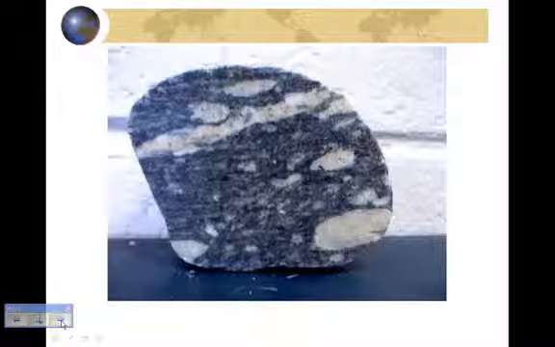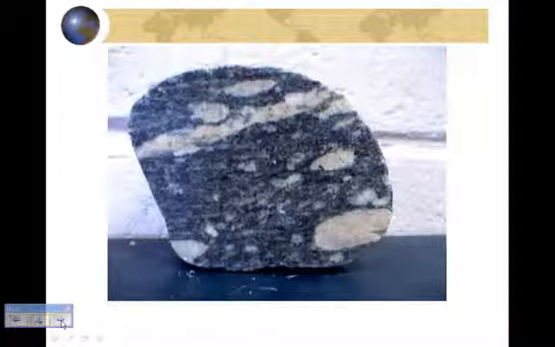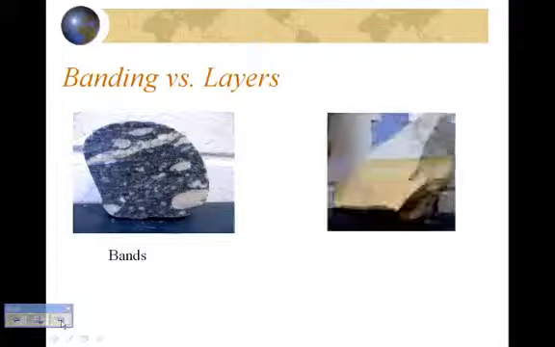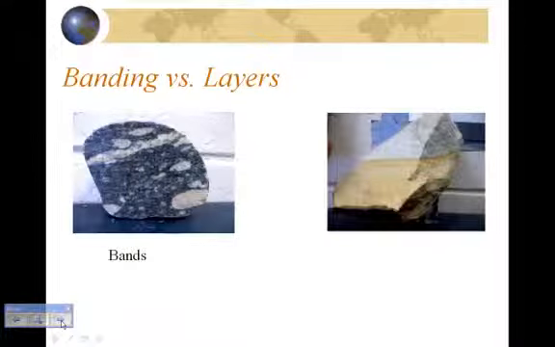There's a very nice picture of a piece of banded gneiss. You can see the quartz arranged into separate bands within the overall structure. The second way that metamorphic rocks can appear is in a layering. Layering would be a complete separation among the crystalline structure as opposed to banding.